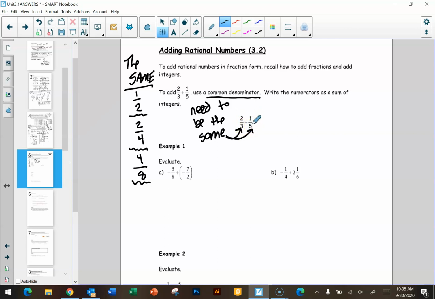What we can always do is multiply these two numbers together to get a common denominator. It's the easiest way to go if you're not sure about fractions because you always get a common denominator. The problem is it's not always the best common denominator. So try to use the lowest common denominator.